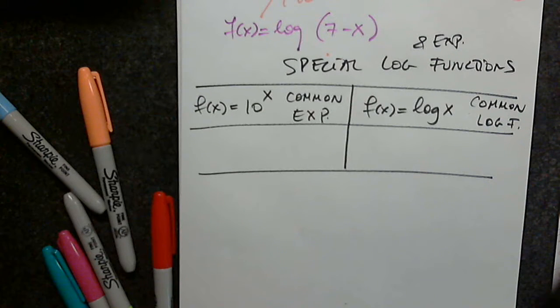If I want to determine the common log of 10, what do you think I will get? Exactly. 10 to which power is 10? Very good. What if I want log of 1,000? What power do I raise 10 to get 1,000? It's 3. Good.